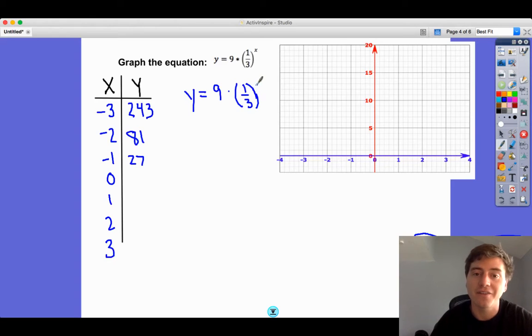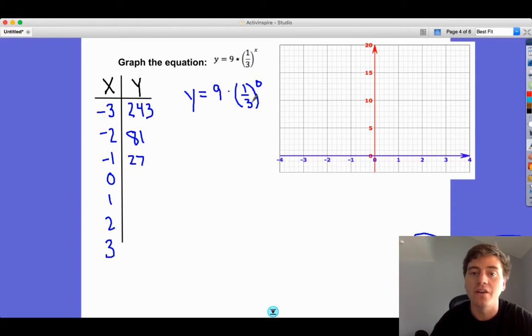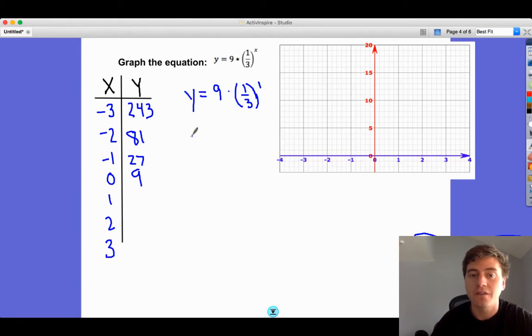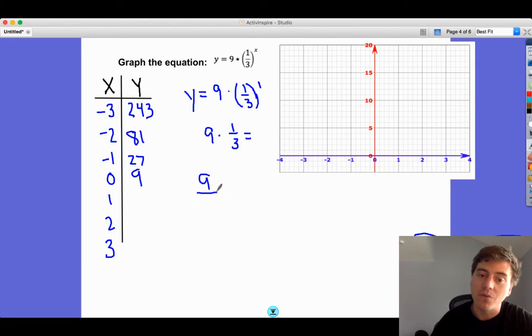You're getting the hang of this, so we're going to move a little quicker here. We know when we plug in 0, anything to the 0th power is just 1. So 9 times 1 will be 9. Then we'll have 1/3 to the first. So that'll give us 9 times 1/3. 1/3 to the first is just itself. When we're multiplying fractions like these, remember we can multiply straight across.